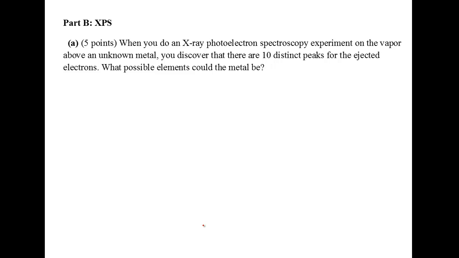Now part B. You're given that you shoot an X-ray into some atom and you find that there are 10 distinct peaks. Since there are 10 distinct peaks, you know that there are 10 different orbitals for the given atom, right?